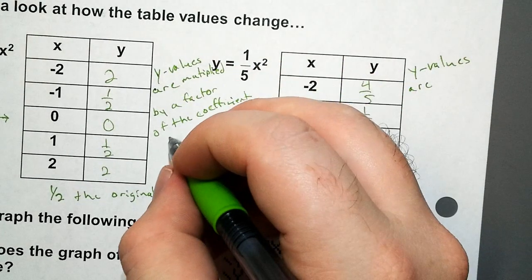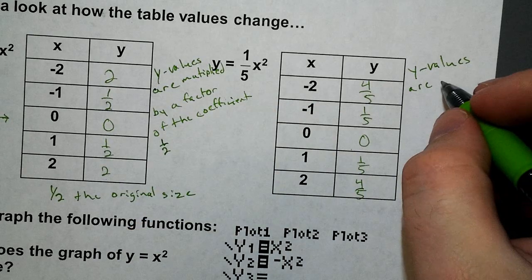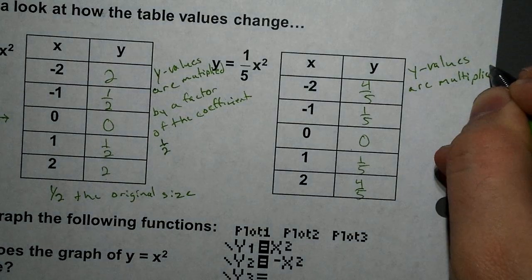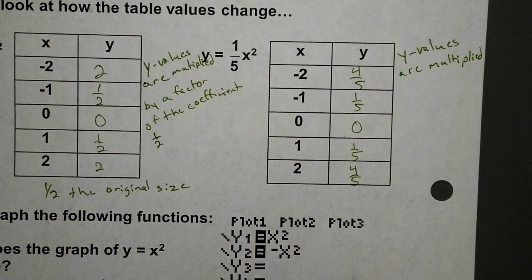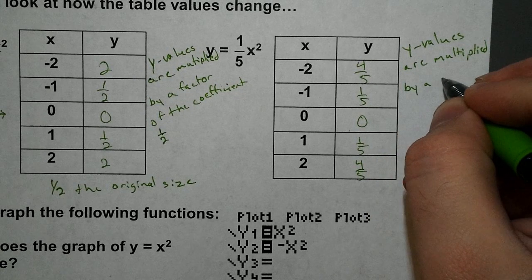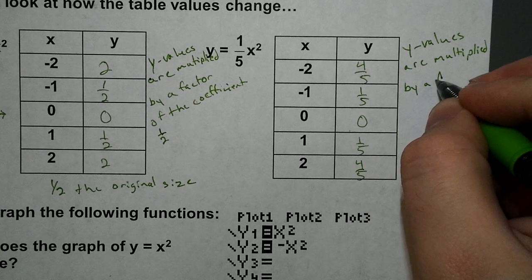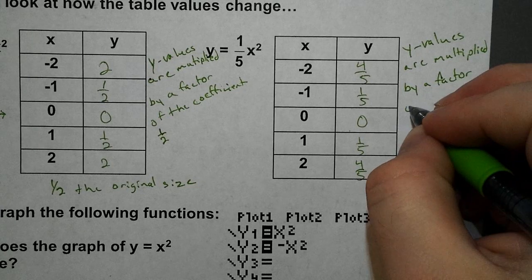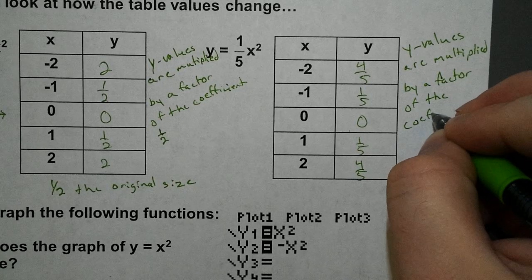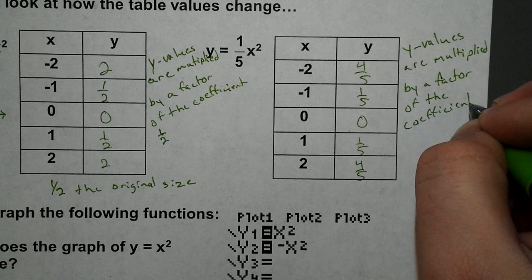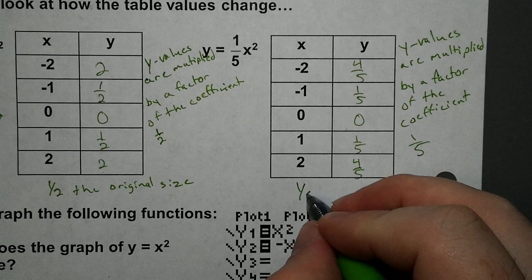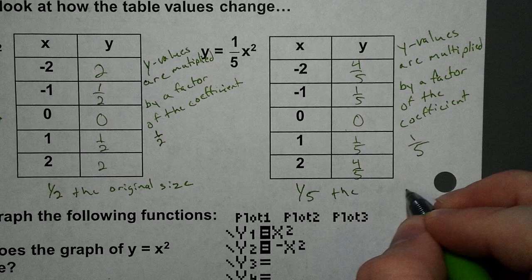Oh, sorry, this one should have been the coefficient 1/2. By a factor of the coefficient 1/5. So all of these are 1/5 the original.